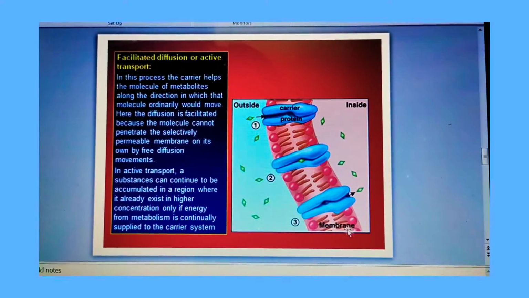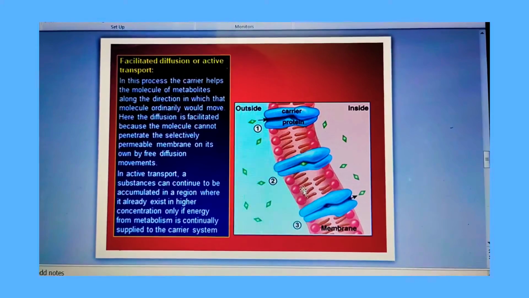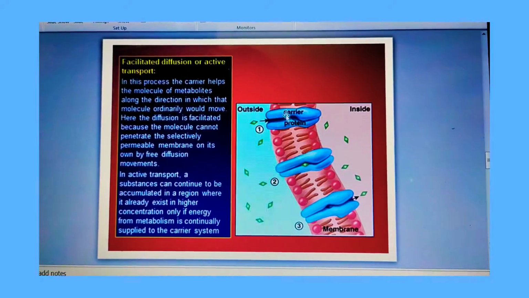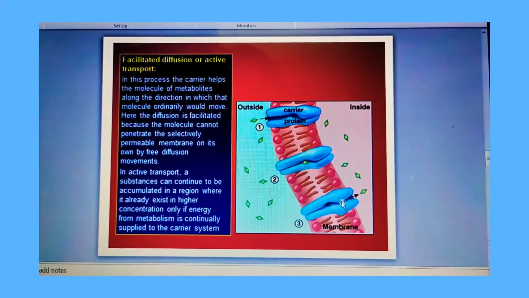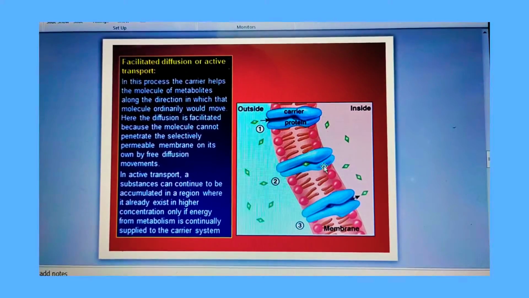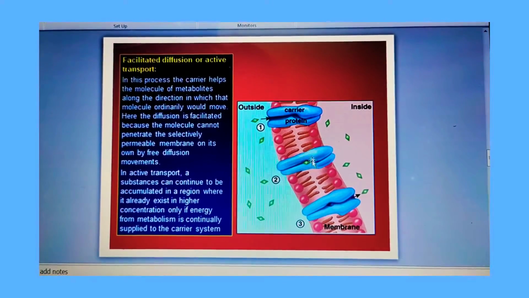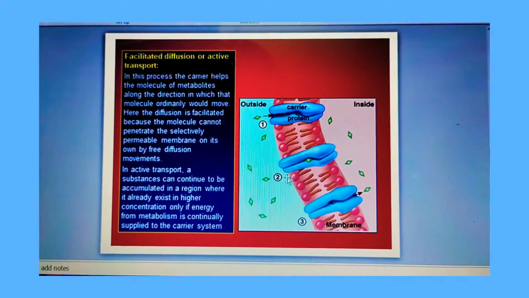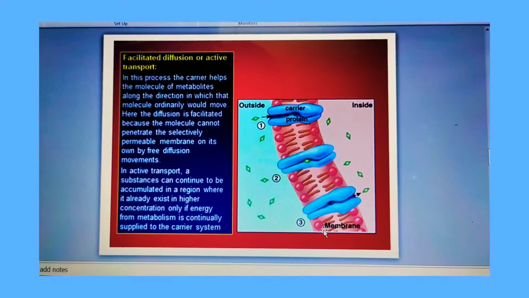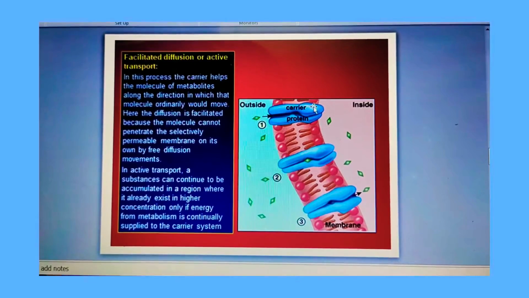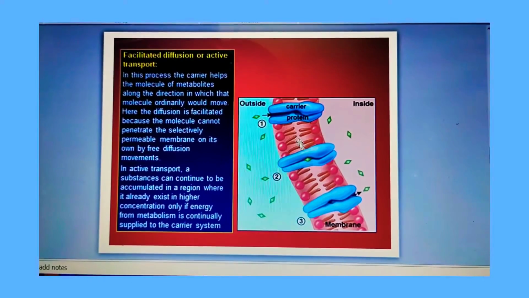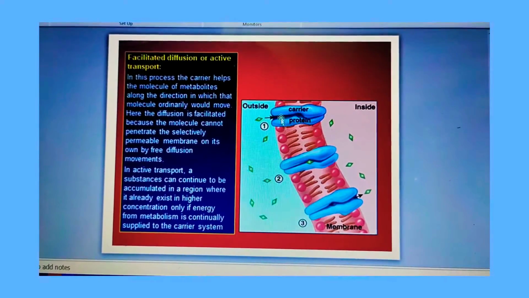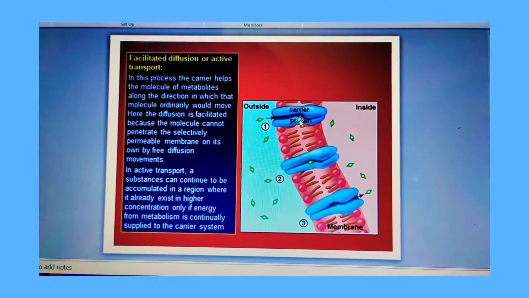Imagine that this plasma membrane is the barrier, or you can say the campus, or the railing, and this side is your home inside, and this is the outside. So consider this as the railing of your home, and these carrier proteins as the gate, with the carrier protein as a guard.